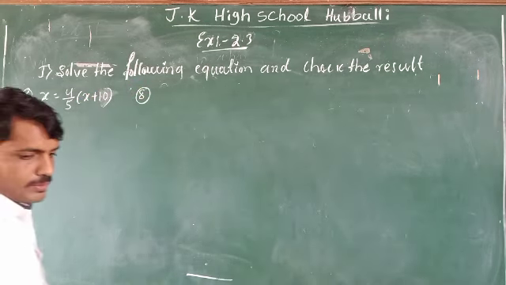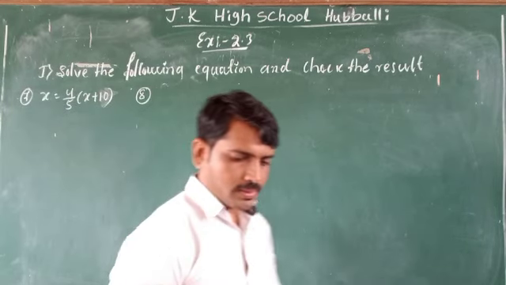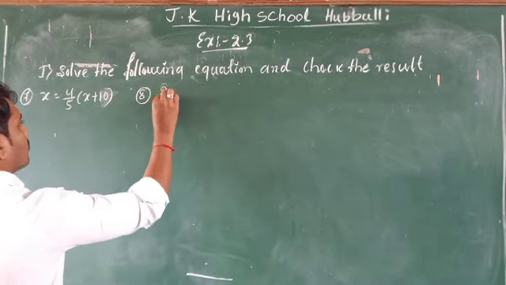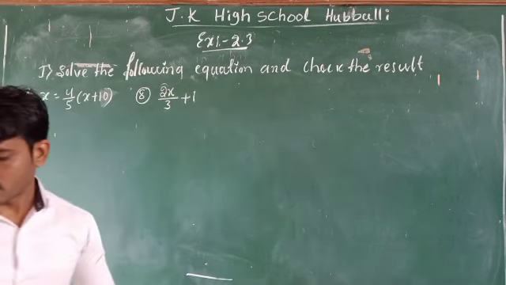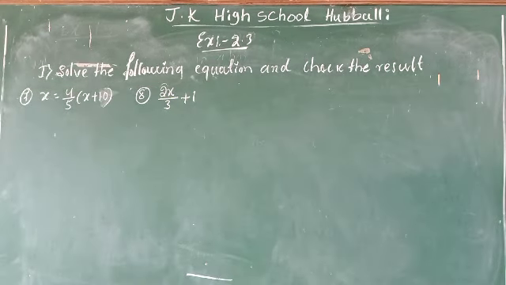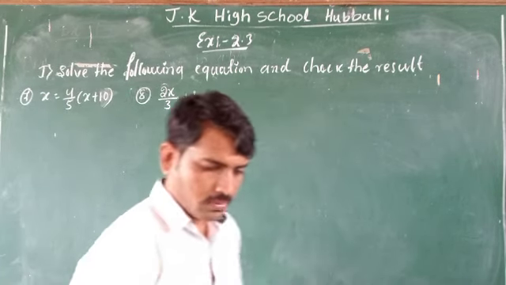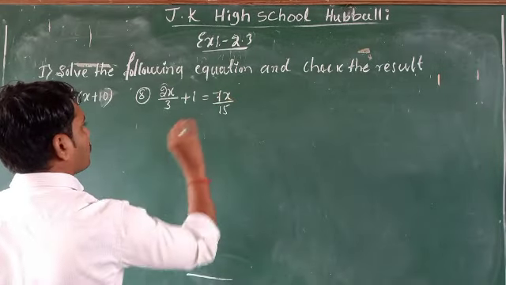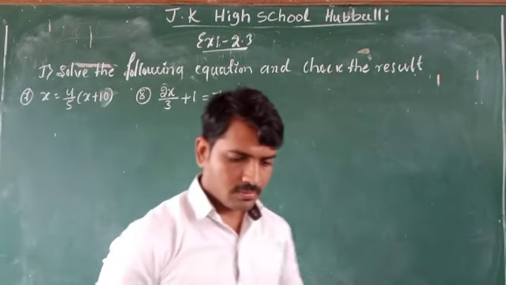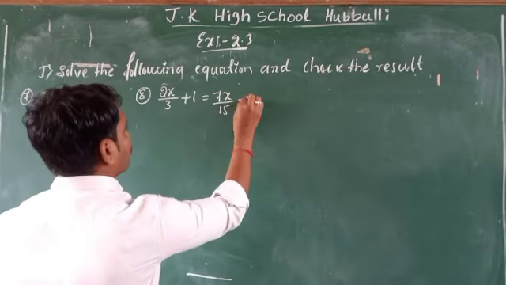Question number 8. 2x by 3 plus 1 is equal to 7x by 15 plus 3.